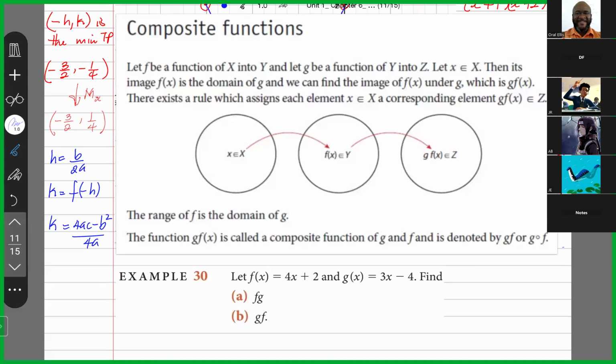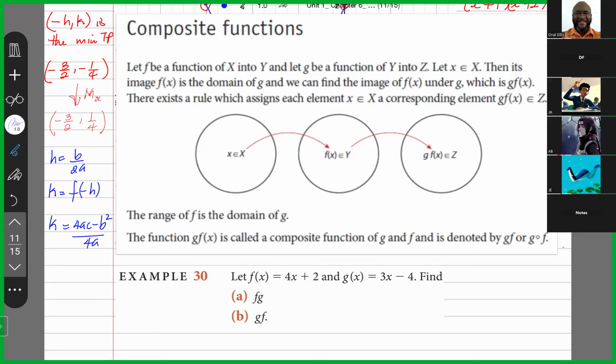All right, so next we're going to look at composite functions. Let f be a function from X into Y, and let g be a function from Y into Z. Let x be an element of X. Then its image f of x is in the domain of g, and we can find the image of f of x under g, which is g of f of x.